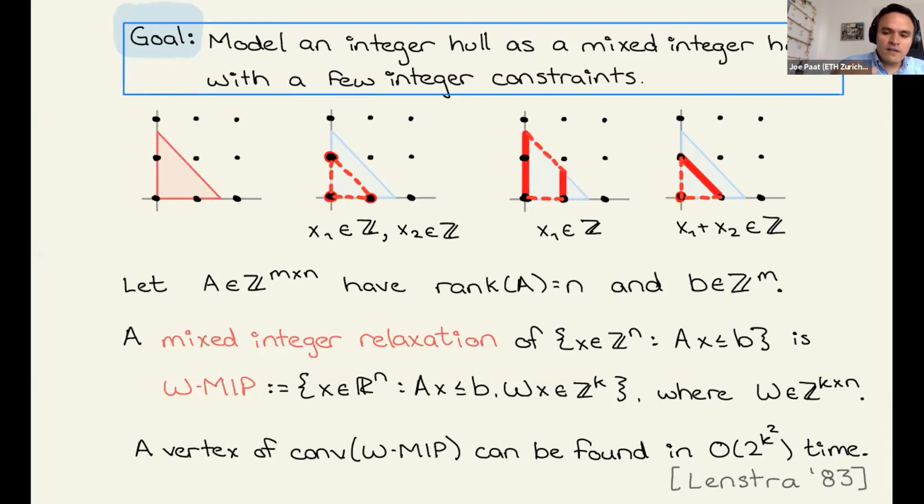If the integrality number is very small, say square root of n, as opposed to n, it's not always this case, but if it is, then you can find a vertex of this mixed integer hull, but the mixed integer hull is equal to the integer hull. So you're actually finding a vertex of the integer hull, which is also integer, in much less time. This is the big motivation for this. Did that answer your question?